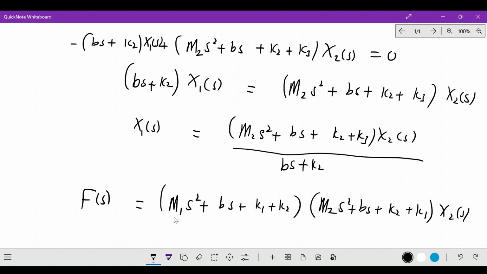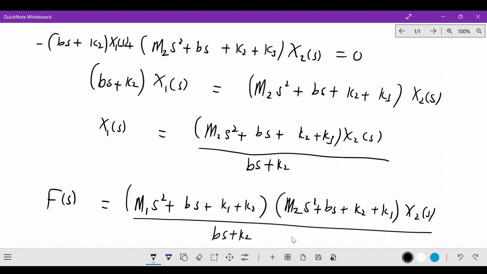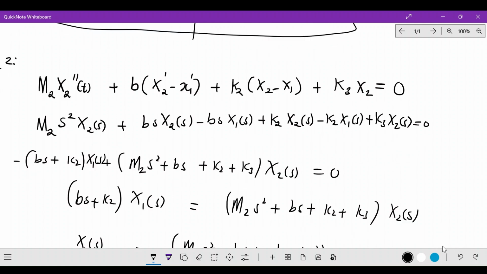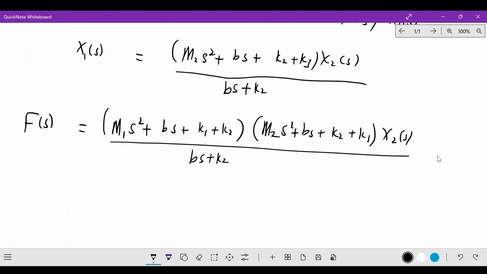This whole thing over bs plus k2. And then this side has to have something minus, right? This equation. Minus bs plus k2 times x2 of s.